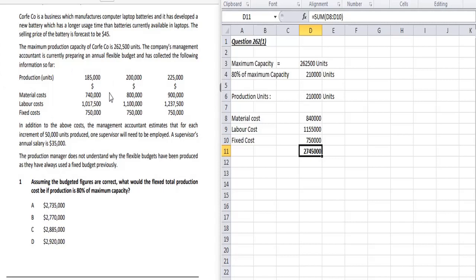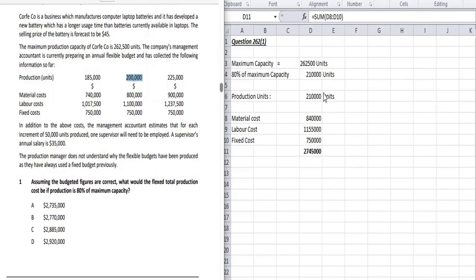But the question below tells us the management accountant estimates that for each increment of 50,000 units produced, one supervisor will be needed. And how many units are we producing? The estimate is 210,000, right? Up to 200,000 units we require 4 supervisors, right?